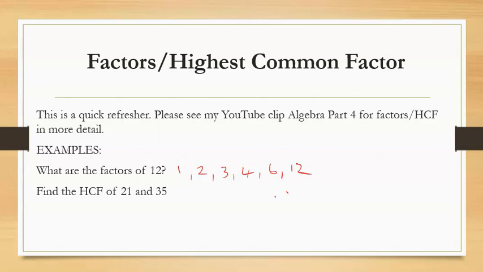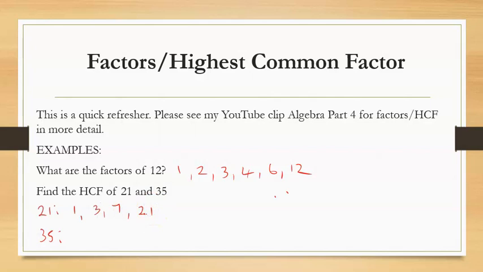If we find the highest common factor of 21 and 35, the first thing you need to do is list the factors of 21 and list the factors of 35. The factors of 21, all of the numbers that fit evenly into 21, are 1, 3, 7 and 21.